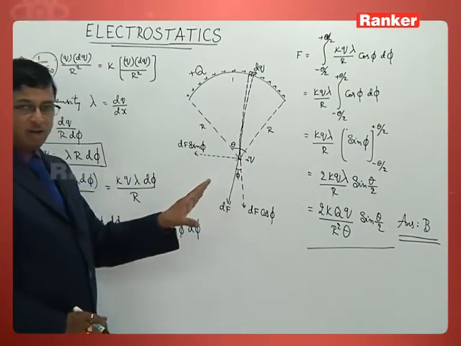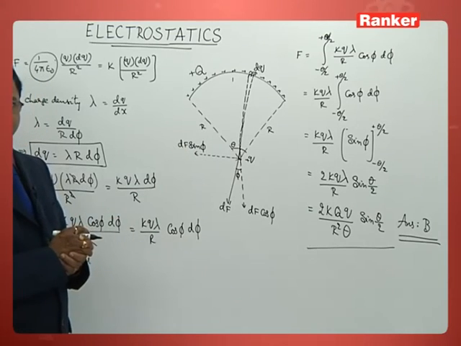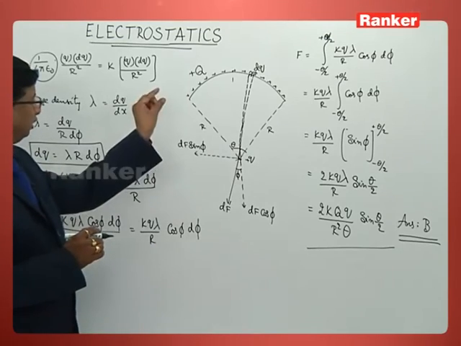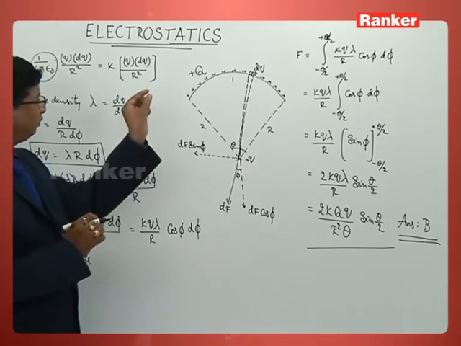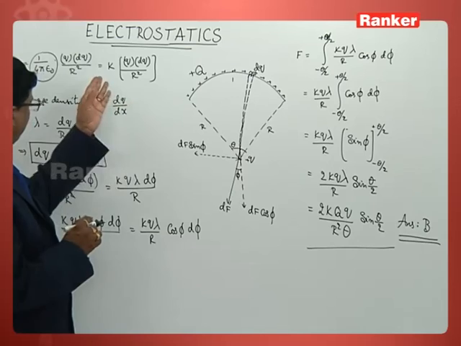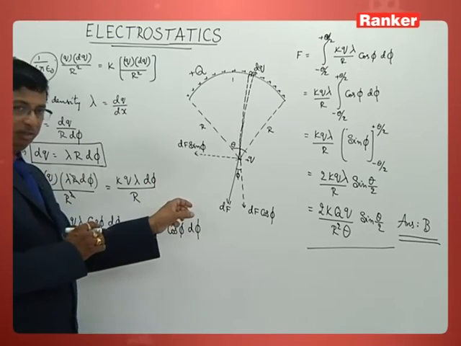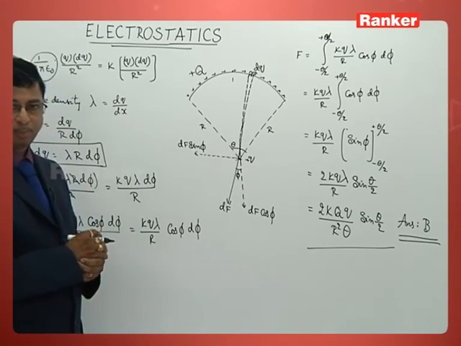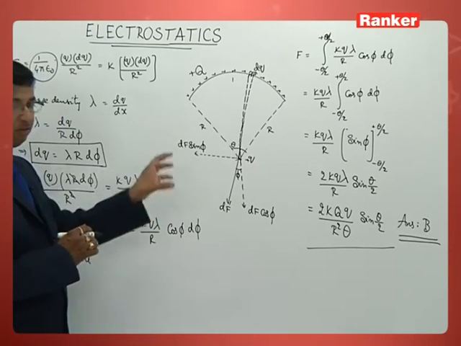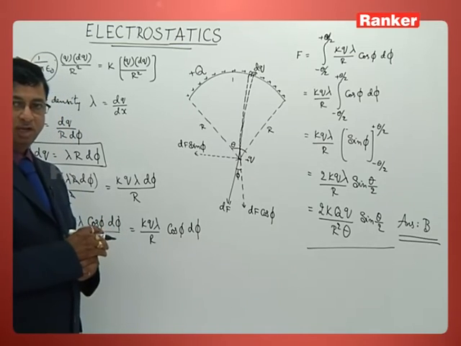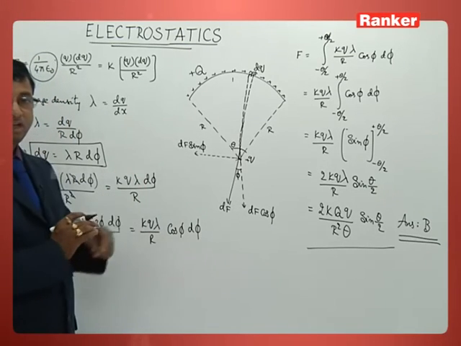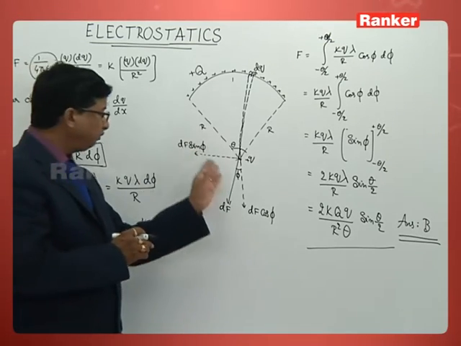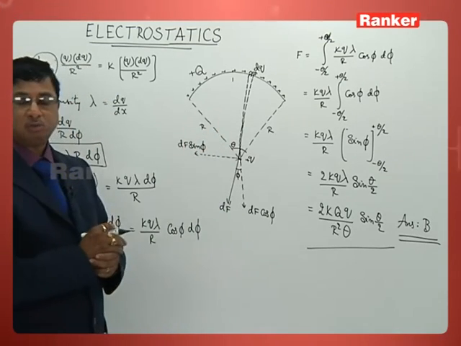The only thing you should understand out of this is how best once again we take a small element of thickness dx, having a charge dq, and calculate the value for that in terms of df and estimate what is df cos phi. That df cos phi itself is going to be the effective force. To get the total force due to the entire charge on the arc, we have to integrate that between minus theta by 2 to plus theta by 2.